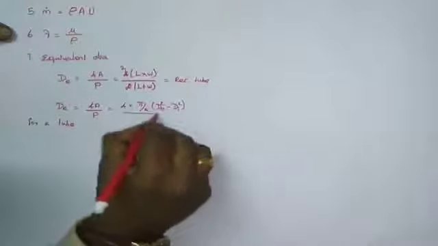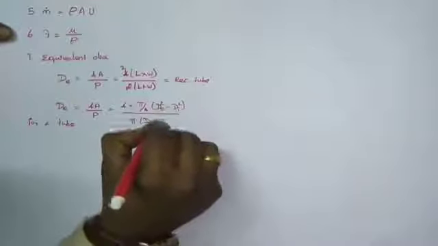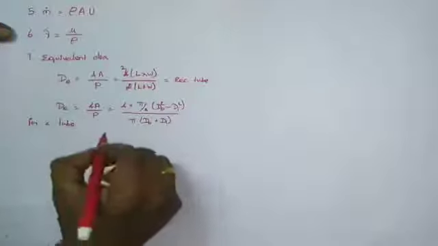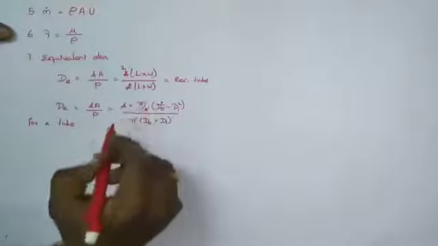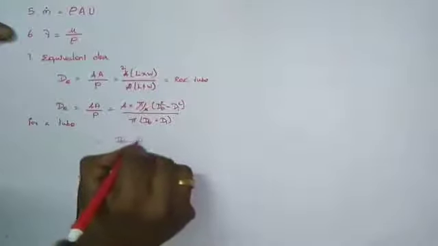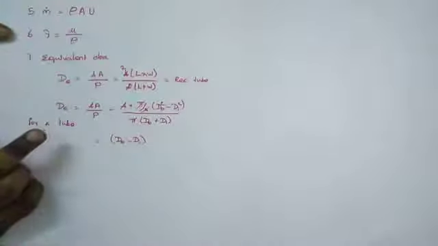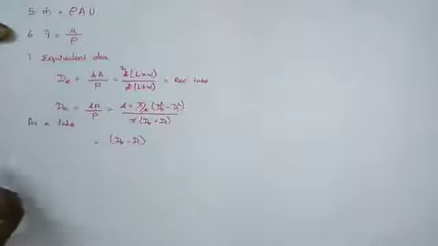Similarly, the perimeter is nothing but pi into (d naught plus di). If you expand or solve these two equations, 4 will get cancelled, pi will get cancelled, then you will get d naught minus di as your answer. For a tube, the equivalent diameter is equal to d naught minus di.